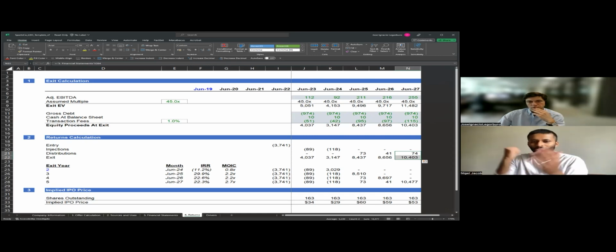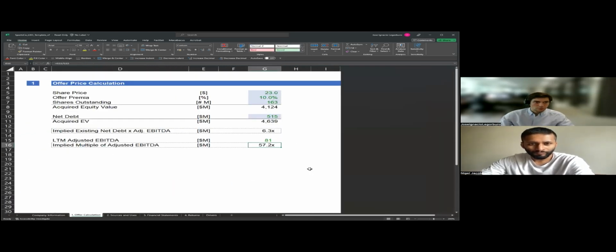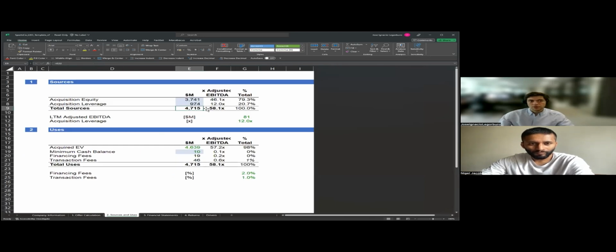Okay, so what we're saying is, if in the 5th year we've paid this, just for clarity, we said that we need to pay 4.7 billion, but here you're saying we're paying 3.7 billion. Yes, because we're only taking into account your equity. What we said was the total price is 4.7, but I can fund 1 billion with debt, which, by the way, we're paying back at exit.